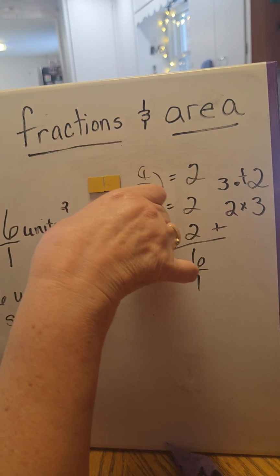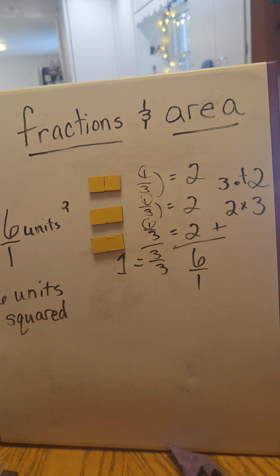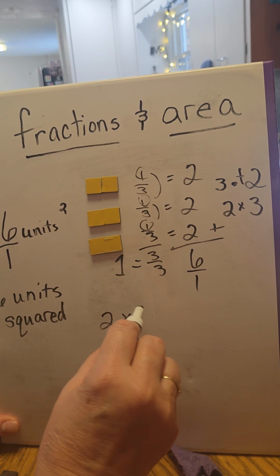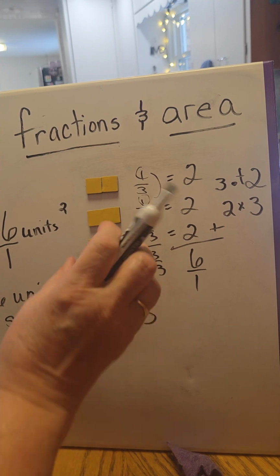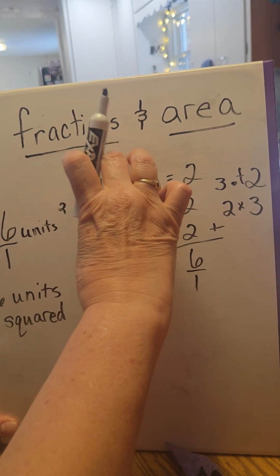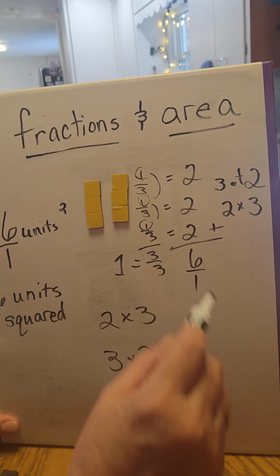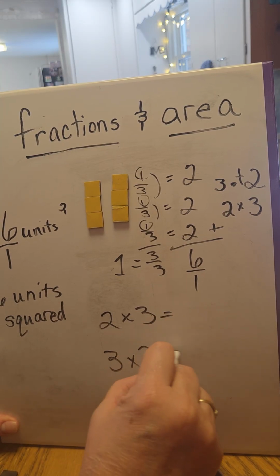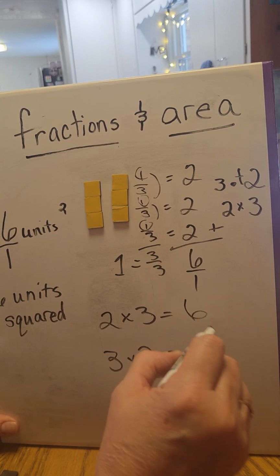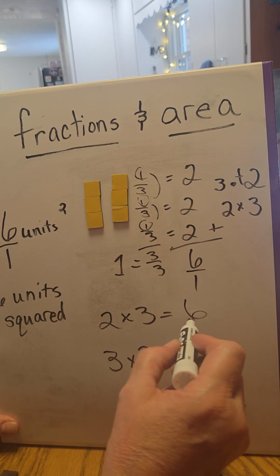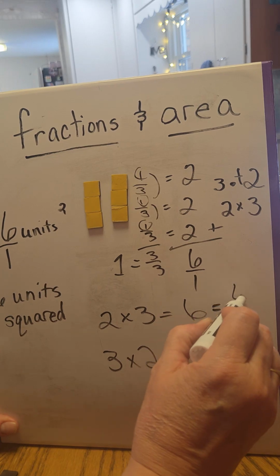You can go this way. 2 3 times, or you can do this way. 3 2 times, and they're both going to get 6. 6, as a whole number, can be written like this, or it can be 6/1.